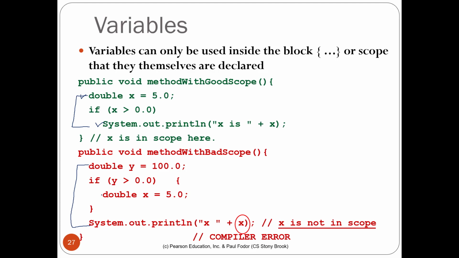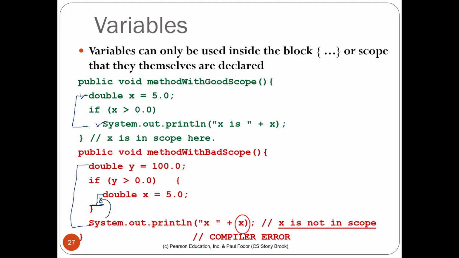Why? Because this x that you have defined is only accessible in this if statement, from this point to here. If you had this print statement after the double declaration, within the if block, then you were fine.